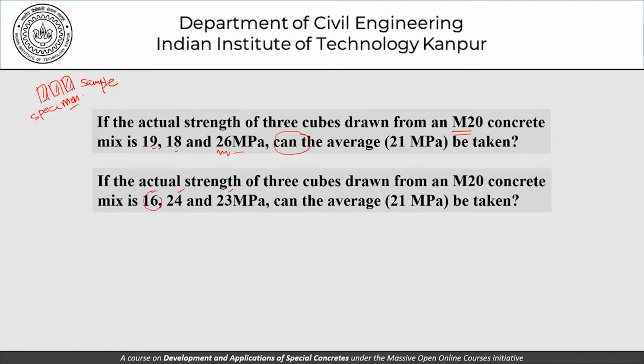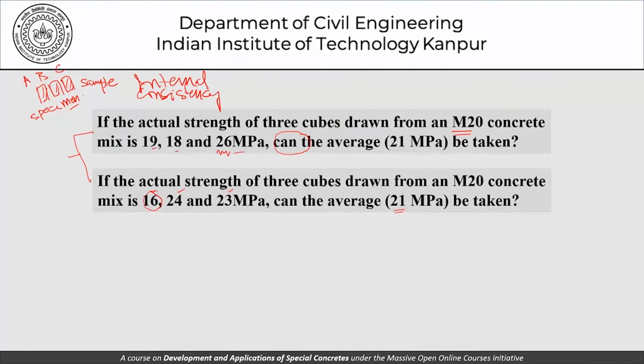So the question in both these hypothetical cases is, if I have these 3 cubes A, B and C, what should be the internal consistency in these readings in order that an average can be taken?